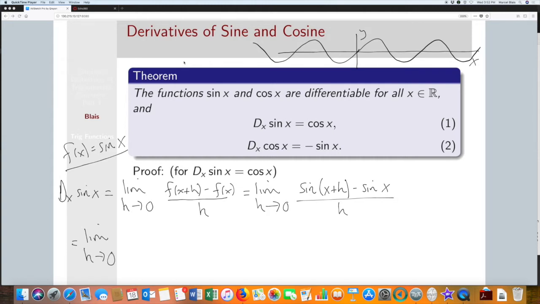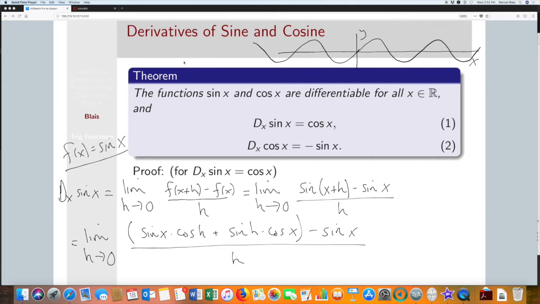We can rewrite sine of x plus h as sine of x times cosine of h plus sine of h times cosine of x. Then we still have the minus sine of x all over h.